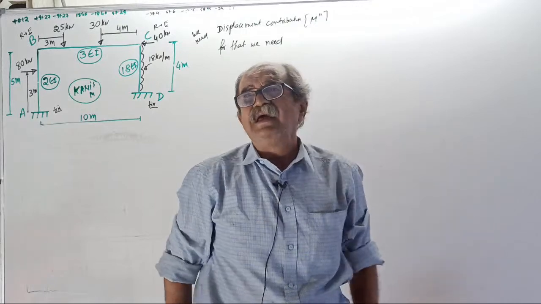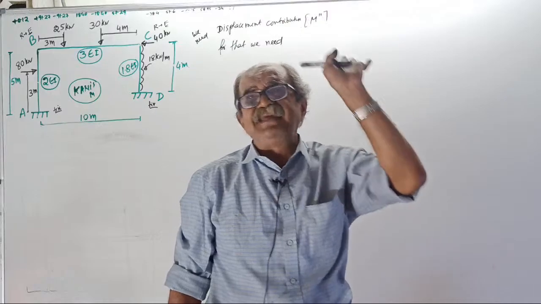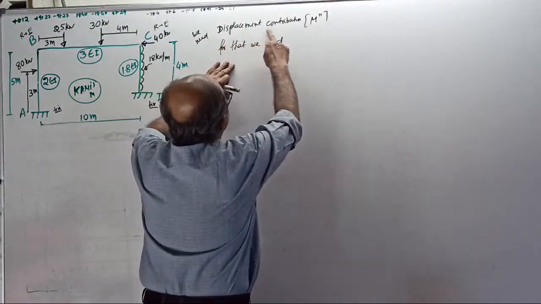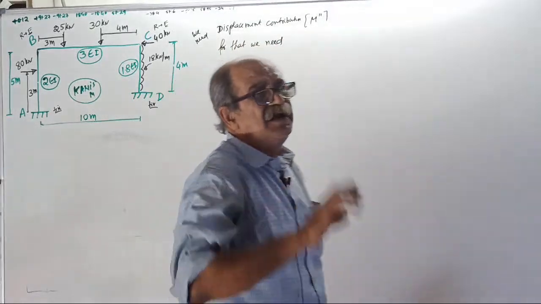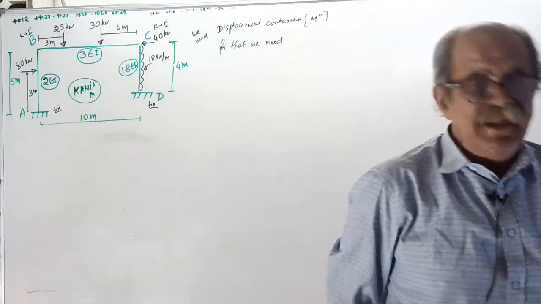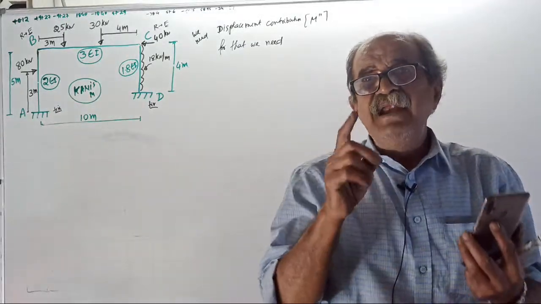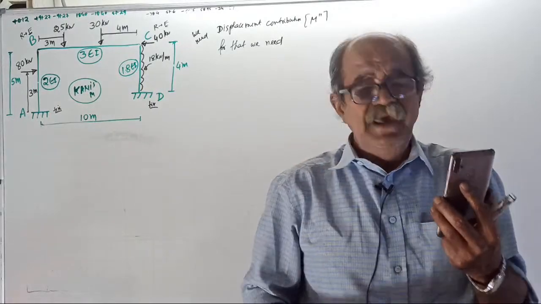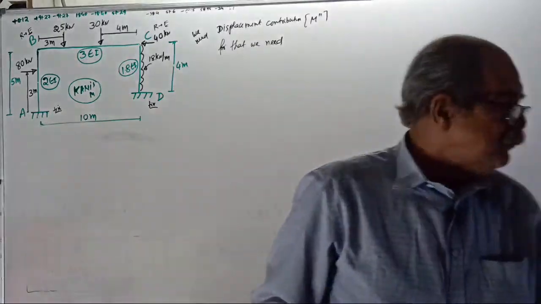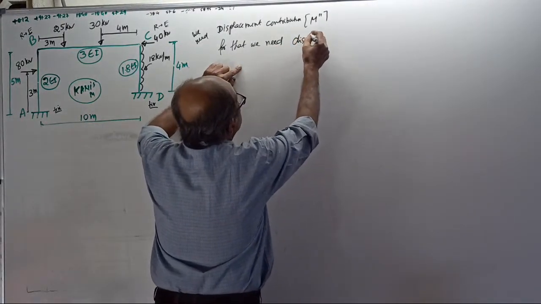To calculate rotation contribution, we require the rotation factor. Same way, to find displacement contribution, we need what? Common sense. Tell me. Displacement factor. For that, we need displacement factor.